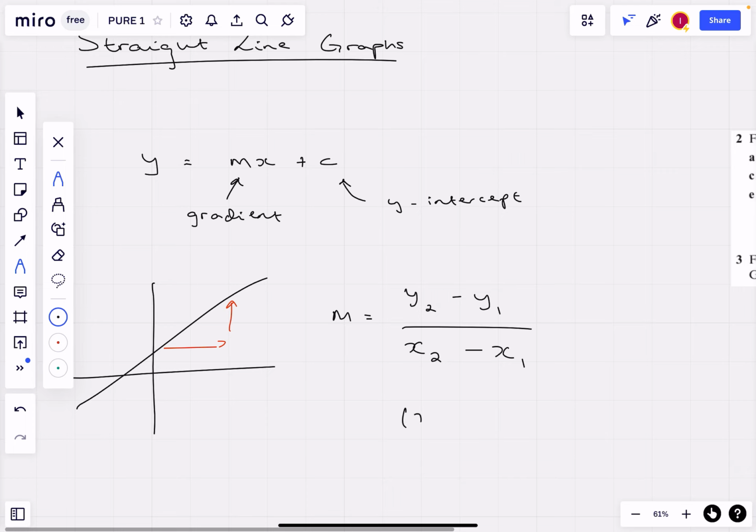So you would label one of your coordinates as x1, y1, and the other coordinate as x2, y2. There is a technique to doing it, and I will get to that in a second. So that's how you work out the gradient.